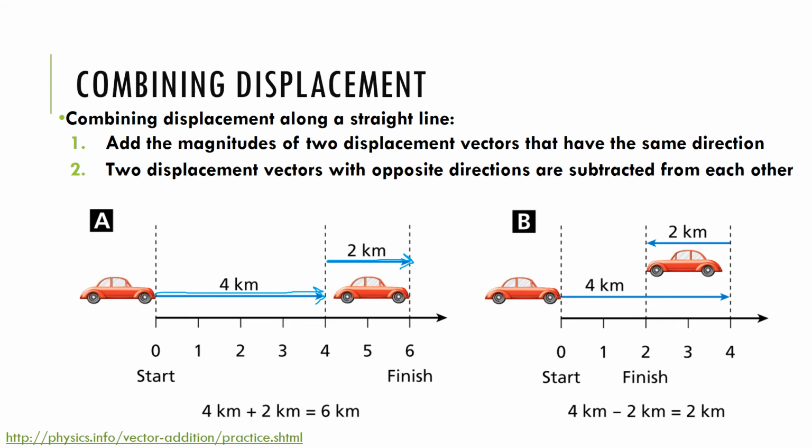So this car traveled 4 kilometers to the right once again, but then it traveled back the opposite direction, 2 kilometers. So 4 kilometers minus 2 kilometers equals 2 total kilometers of displacement. Now, its displacement in picture B would be 2 kilometers, but its total distance in picture B would be 6 kilometers, because 4 plus 2 would be 6. So these are the types of problems we're going to be solving very soon.